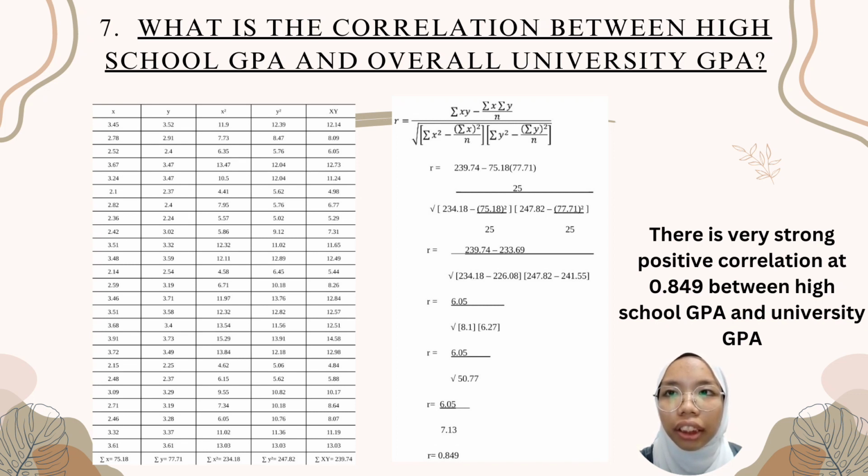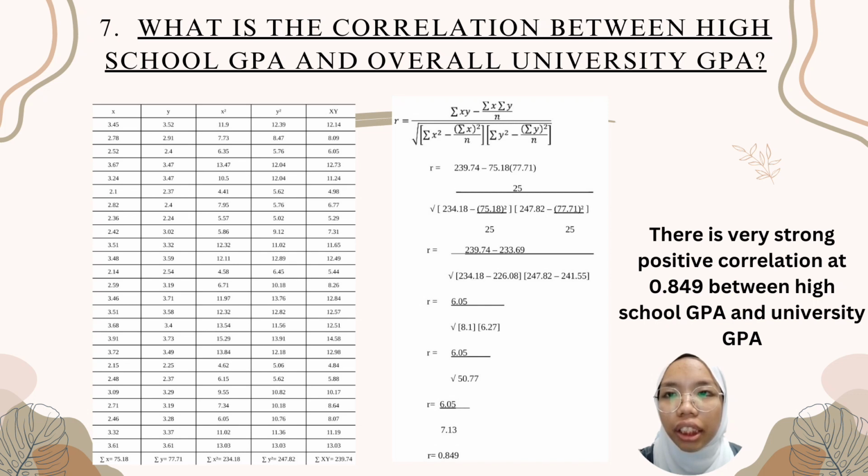Then R equals 239.74 minus 233.69 over root of 234.18 minus 226.08 times 247.82 minus 241.55.